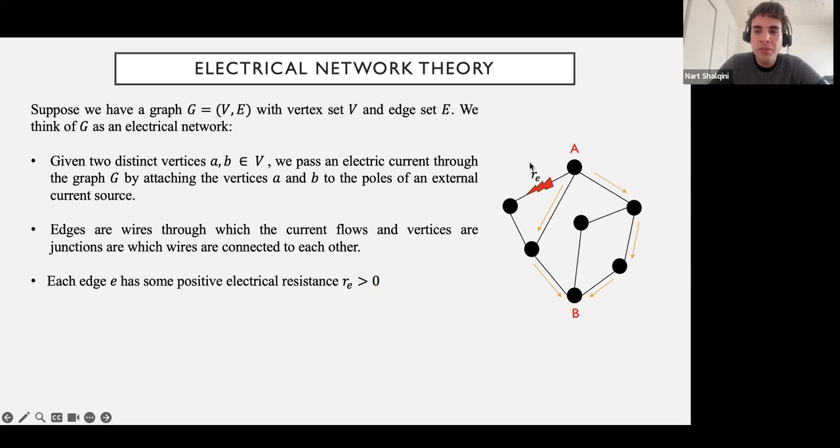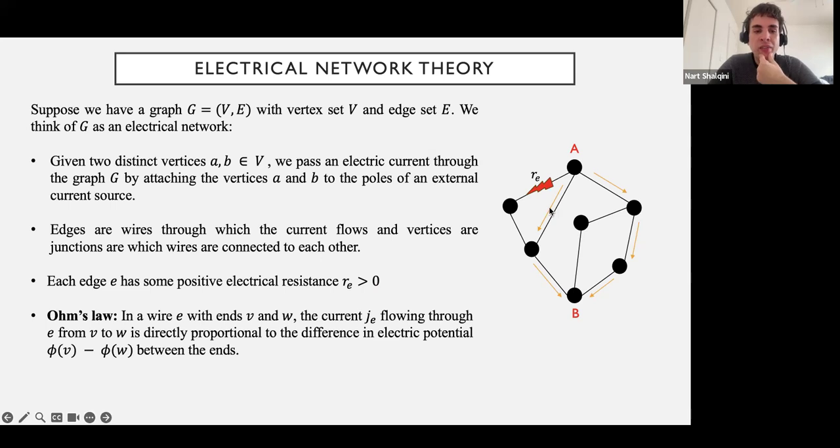And I also suppose that each edge has positive electrical resistance, R of E. And then we have this famous result from physics, which says that for any circuit or any wire E that has ends V and W, the current that flows through E from V to W is directly proportional to the difference in electric potential within the ends.